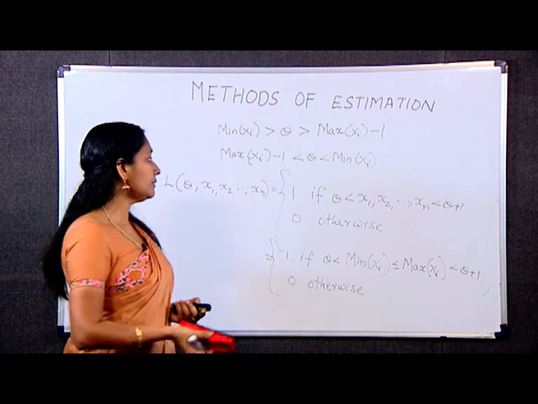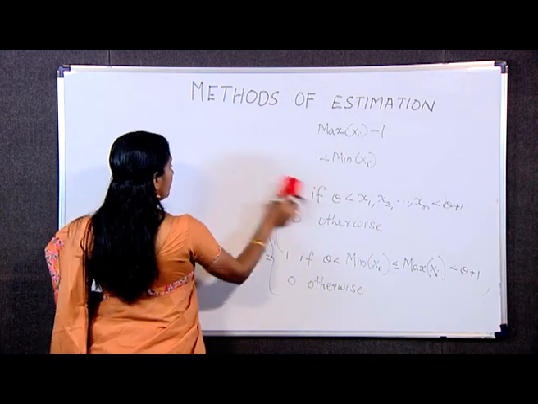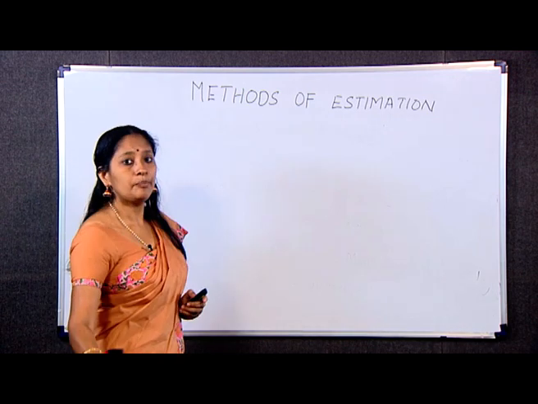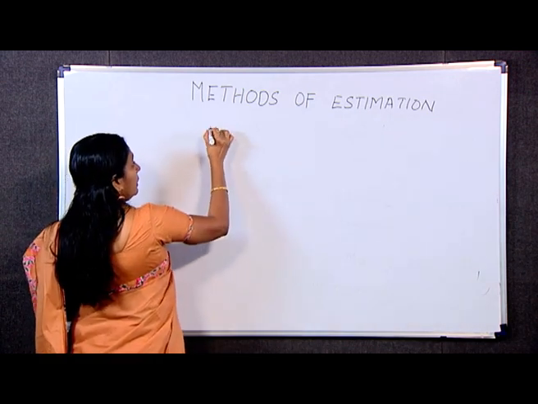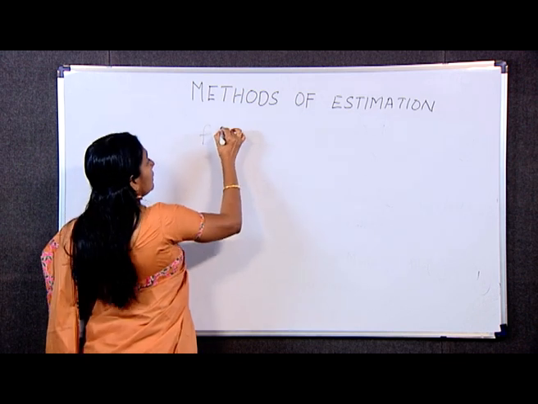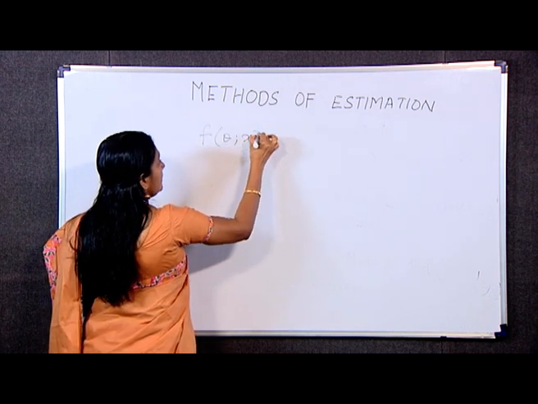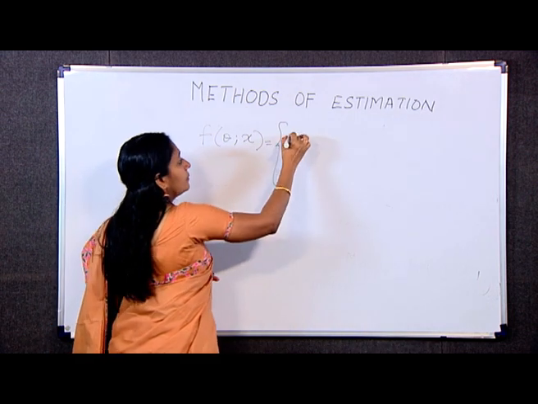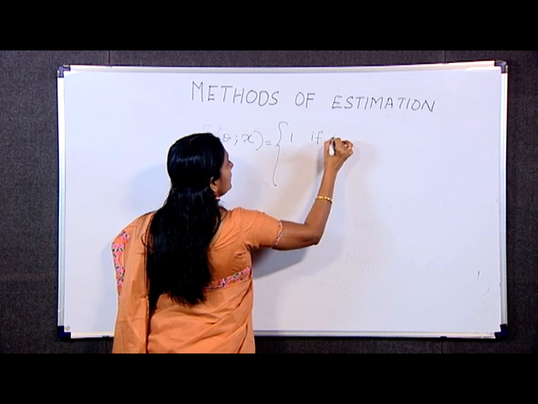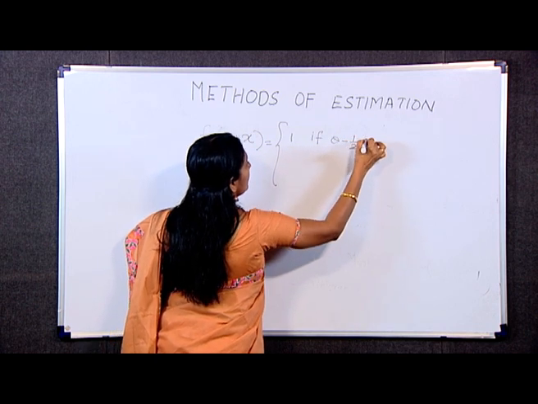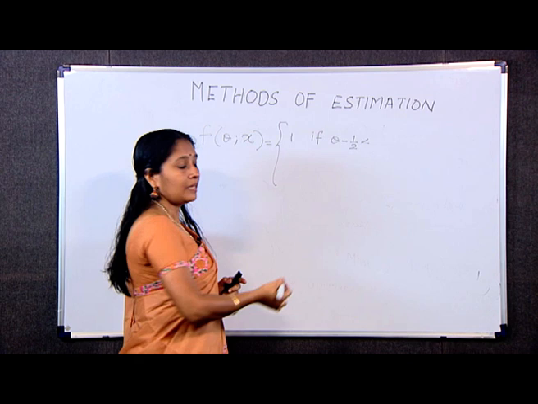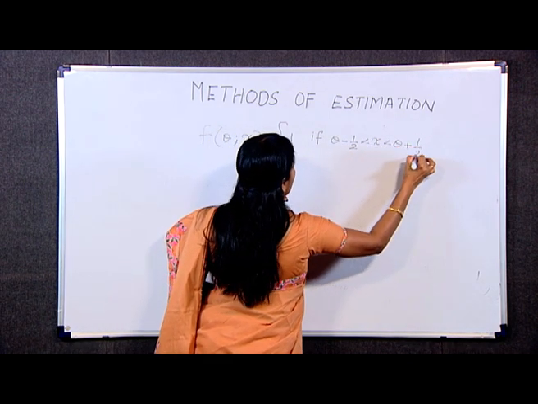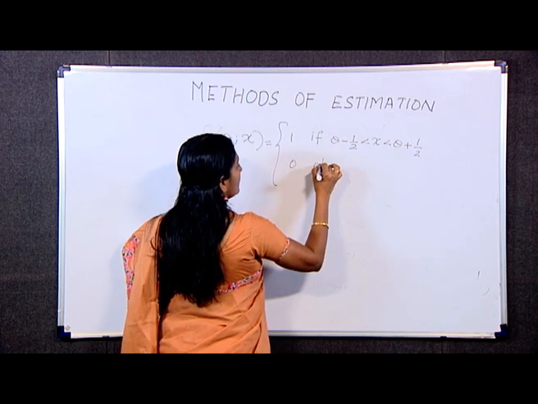Similarly, we can consider another example from the uniform distribution itself with PDF f theta of x equal to 1 if theta minus 1 by 2 less than x less than theta plus 1 by 2, 0 otherwise.